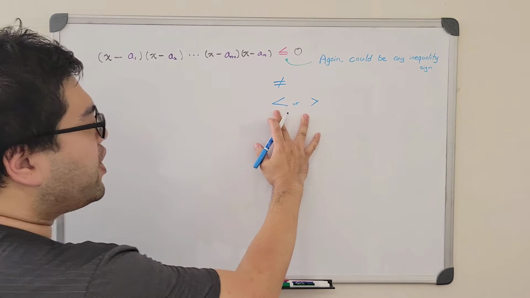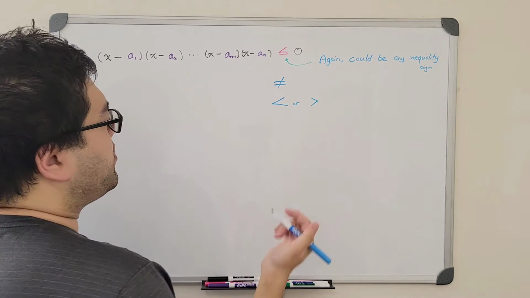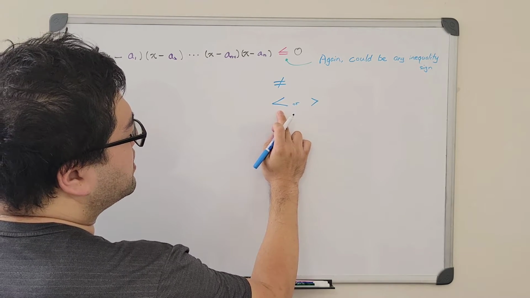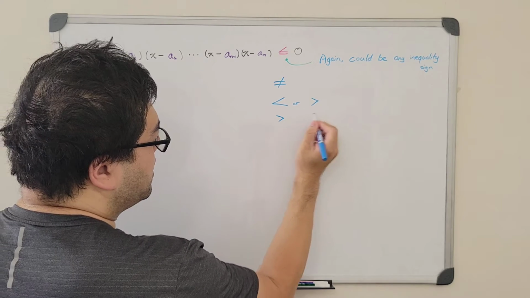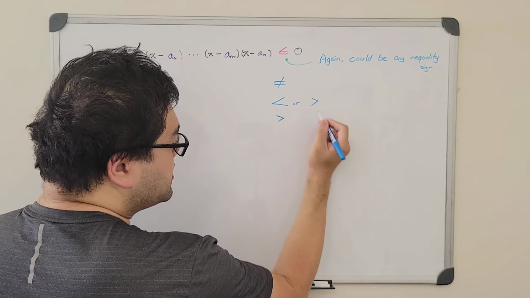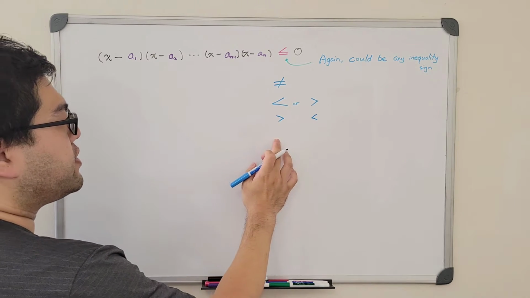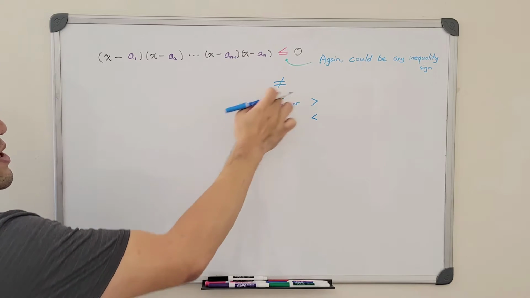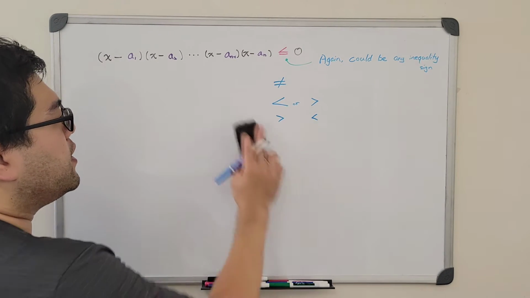So when we flip this sign by multiplying by -1 or dividing by -1, we just need to flip both signs at the same time, meaning that now the less than part will turn into greater than, and then the greater than sign will turn into less than. But if we combine these two back together, we still have less than or greater than. So we will still end up with the same unequal sign.